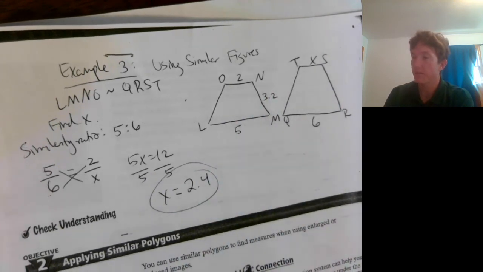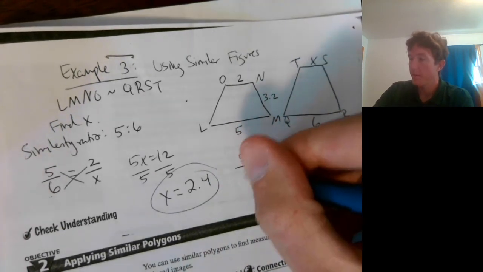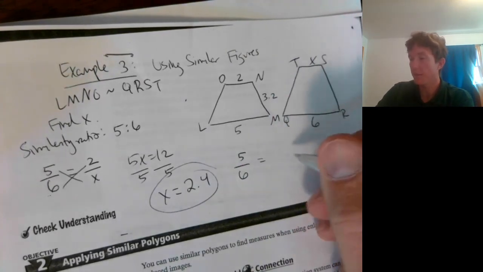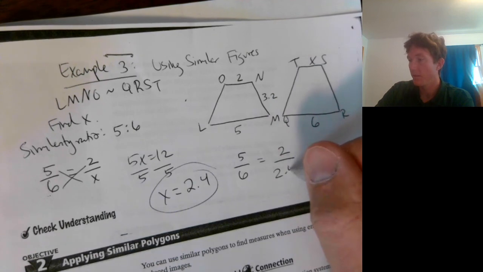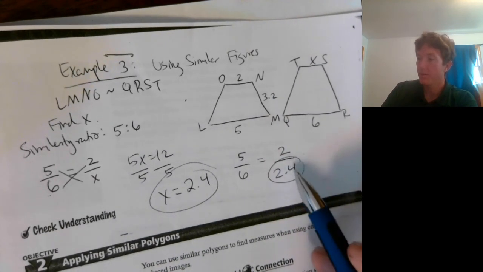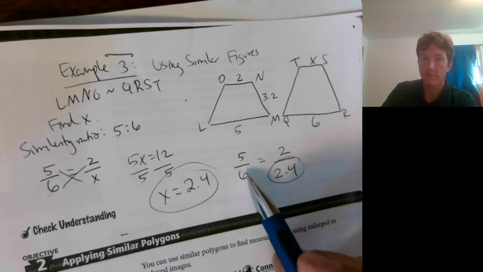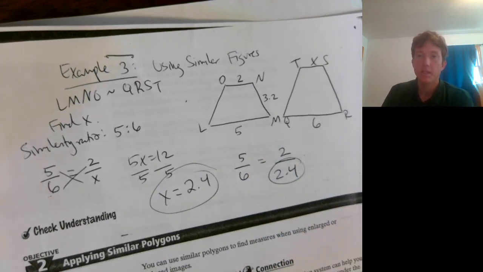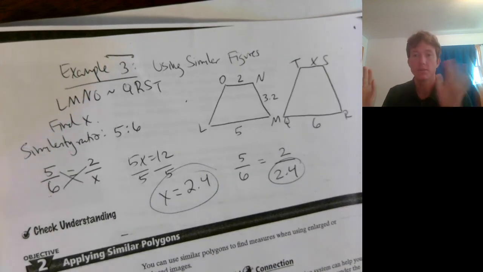The way to check your answer in your calculator, plug in 5 over 6, and whatever you end up getting for x, 2 over that answer must be the same as 5 over 6. So whatever the decimal is, 5 over 6 I think is about 0.83333. This must equal 0.8333. If it's so, then you're good. You found the correct answer. If it's wrong, scratch it, try it again, try a new invented method.